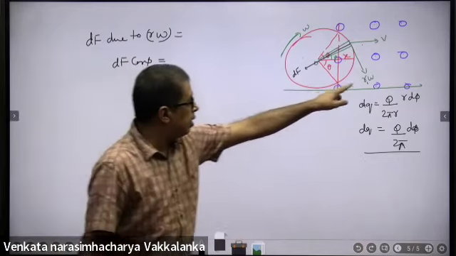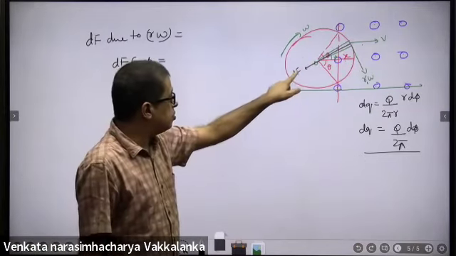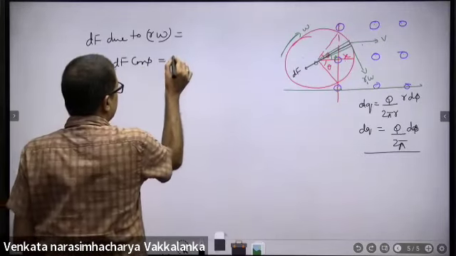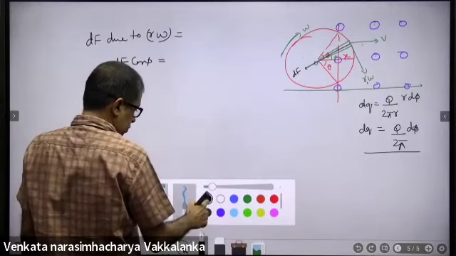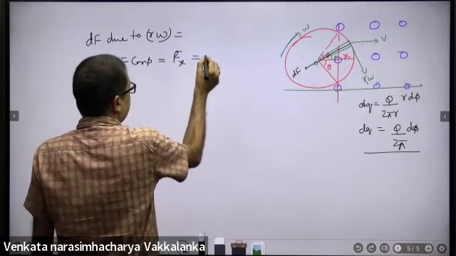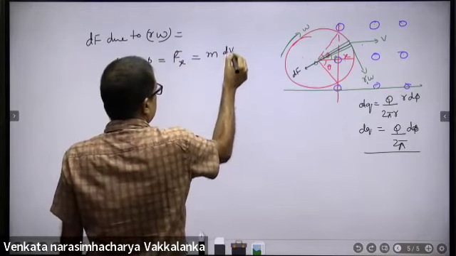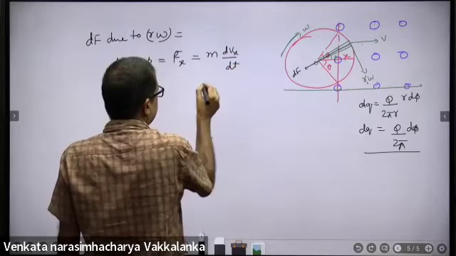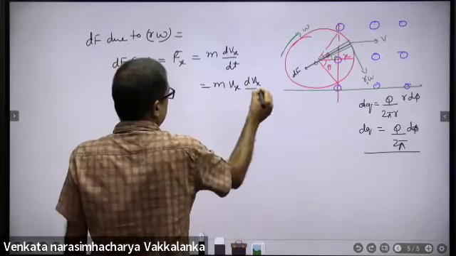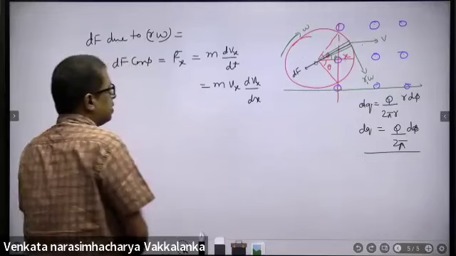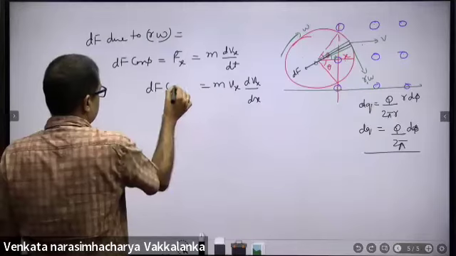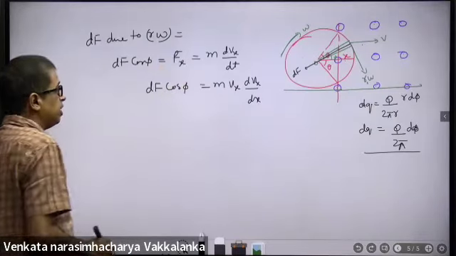DF due to R omega will be in this direction. This horizontal component of DF is DF cos phi, which I will write as Fx. Fx is equal to M dVx by dt. This I will write as M Vx dVx by dx. Am I right?